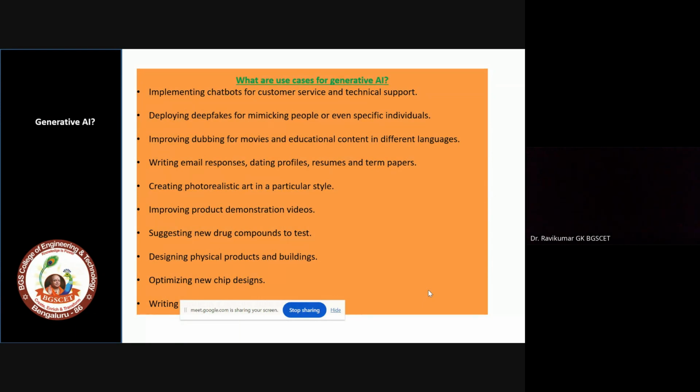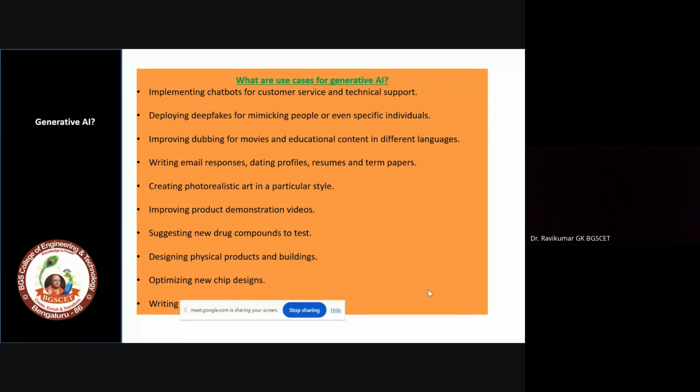The next use case is deploying deep fakes and mimicking people, even specific individuals. Nowadays it can deep fake and mimic most of the images, create videos and publish them. The next thing is improving the dubbing of movies for education and content in different languages. This is one of the wide use cases for generative AI.